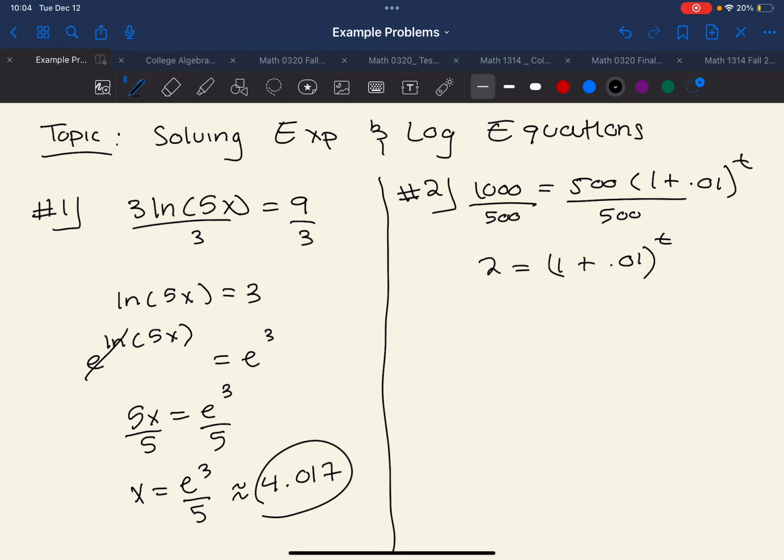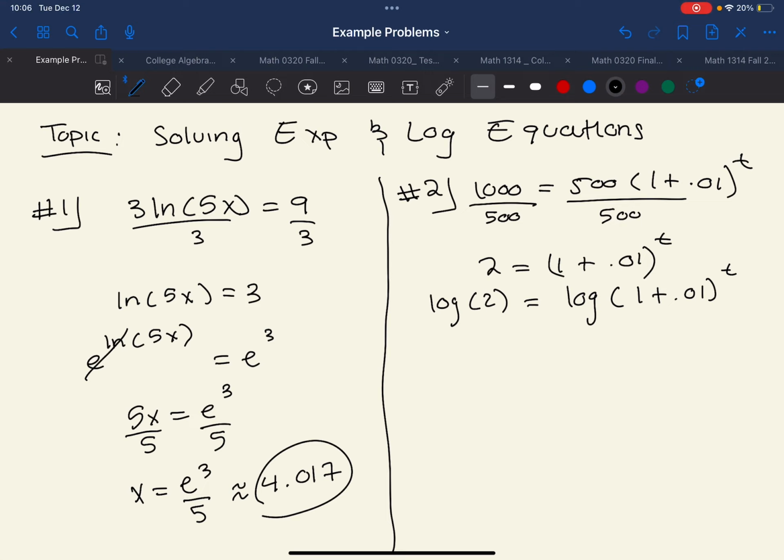Okay. And then in order to get that exponent t out of the exponents and down to the front, we're going to have to take the, excuse me, not the natural log, we're going to take the log of both sides. So it would become log of 2 is equal to log of 1 plus 0.01 to the t.